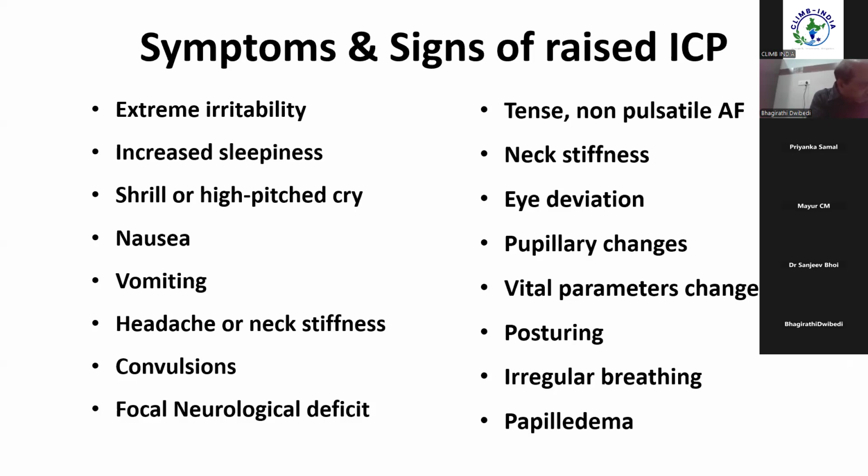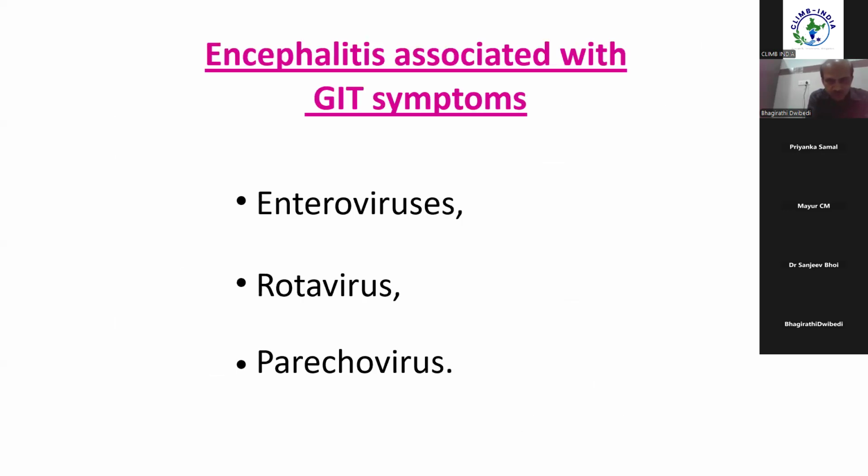Sometimes the only feature can be a shrill or high pitched cry, nausea, vomiting, headache or neck stiffness, which are classical, convulsions or some focal neural deficits. And you can see the tense fontanelle or pulsating fontanelle, neck stiffness, eye deviations, pupillary changes, and vital parameter changes, posturing or irregular breathing pattern or papilledema. All these can be either isolated or a combination of presentations.